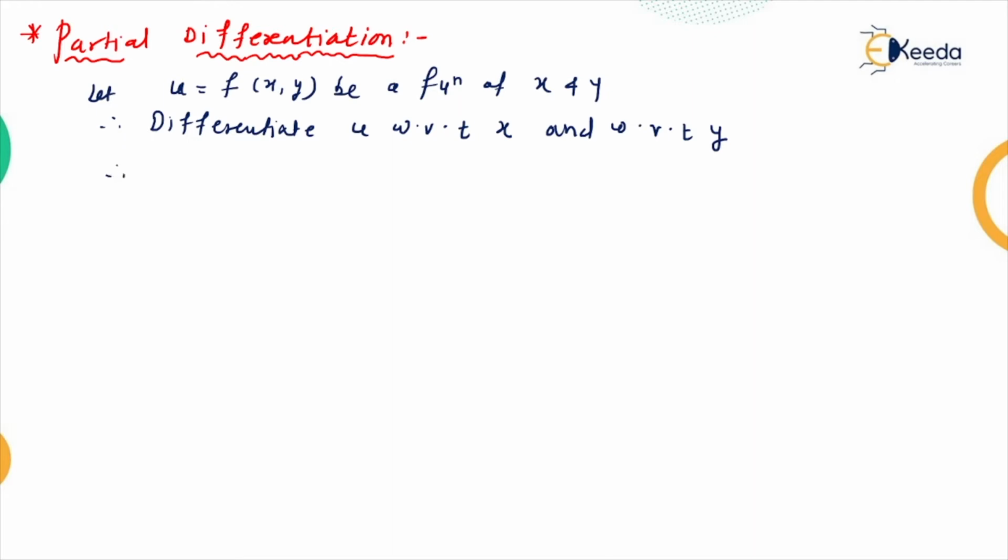This is a partial derivative because of the differentiation of two variables. It becomes ∂u/∂x and ∂u/∂y. These are the notations for partial differentiation.